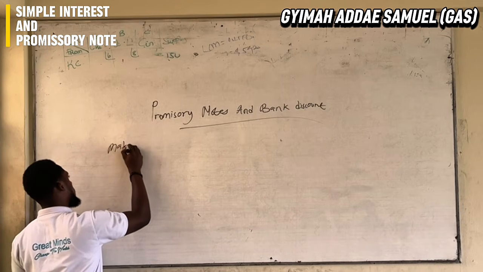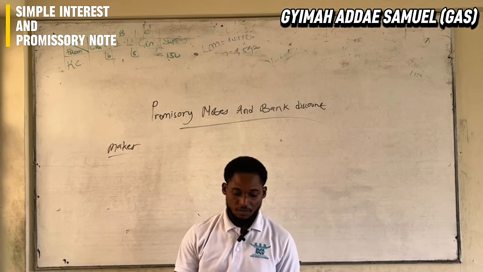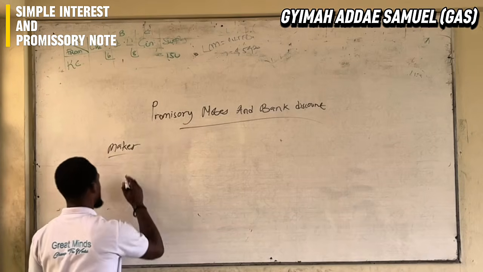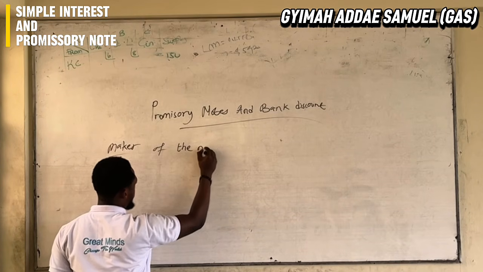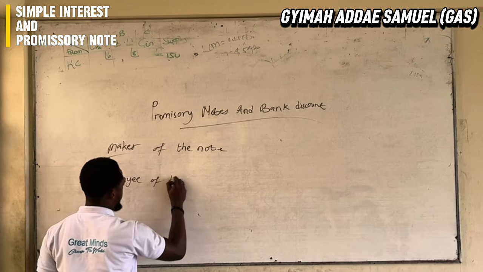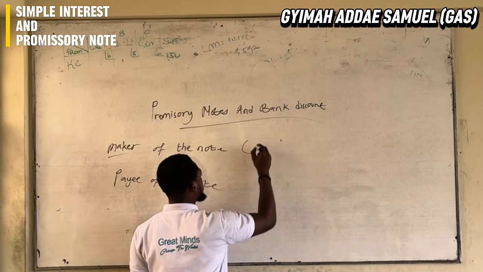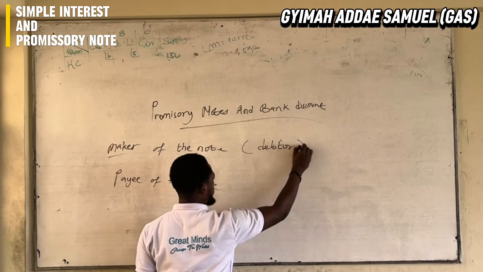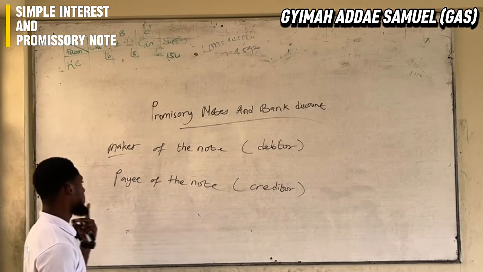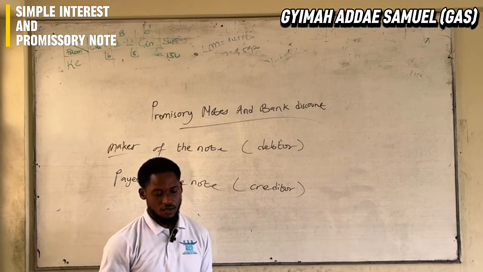The debtor making the promise is called the maker of the note, and the creditor is called the payee of the note.